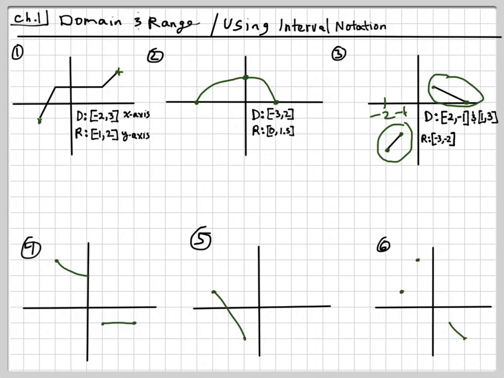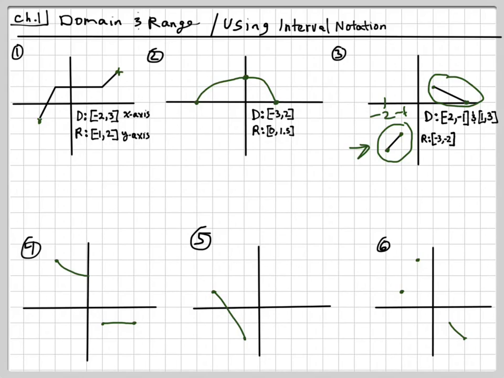Now for the range, let's take a look at the y-axis, at the y values. Once again, let's start with the smallest y. We're going to find the smallest y in this segment over here that happens to be in quadrant number 3 on the left side of the y-axis.